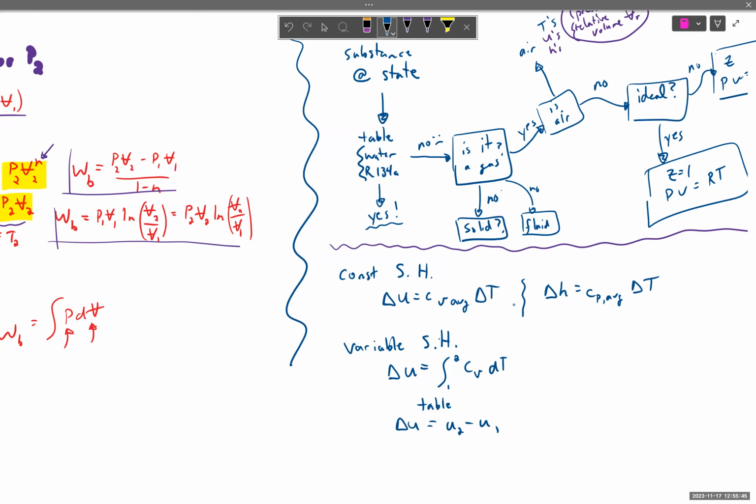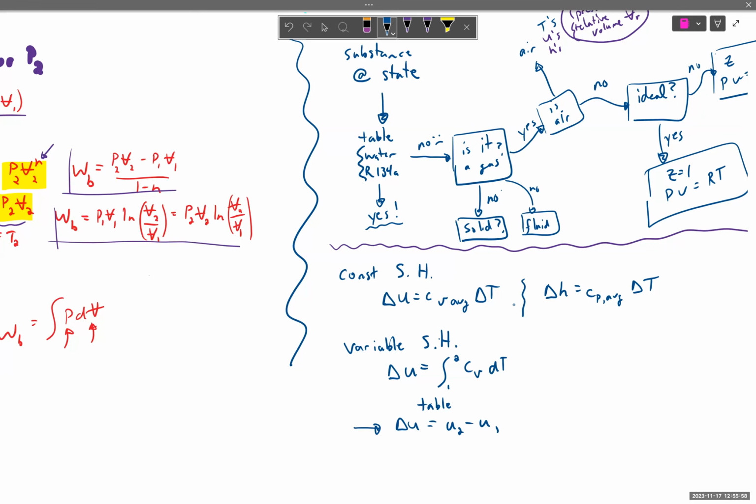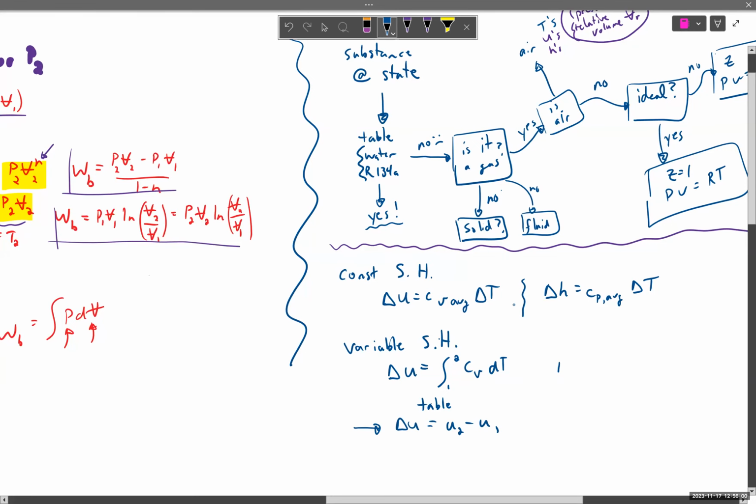So when you say variable specific heat and you do that subtraction with your table data, whether it's the air table, the R134a table, or the water table, you're implying variable specific heat. And same thing's true for delta H. Right? So something like this.